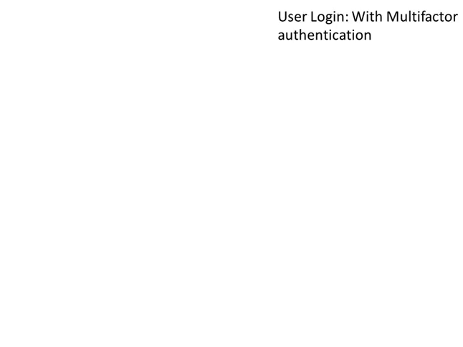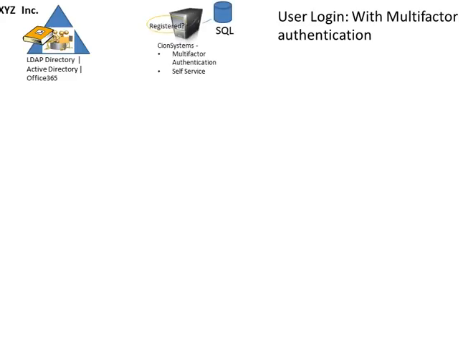Let's take a look at how multi-factor authentication works and why it is more secure than single factor authentication. Let's take an example of XYZ company, and they typically have a domain. It can be a generic LDAP directory or Active Directory or Office 365. They will have the Science System multi-factor authentication service.